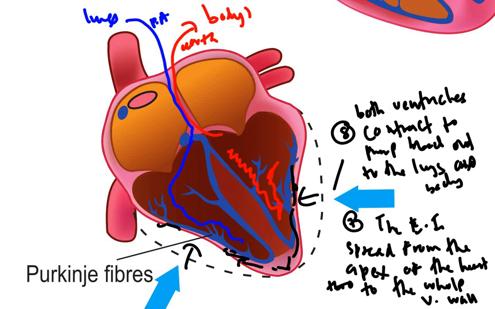Then from the apex of the heart, the impulse will also spread to the ventricle wall. So this makes the ventricles contract and pump blood out from the heart to the body and to the lungs. So this is how the pumping of the heart works, to make sure the blood can flow out from the heart.